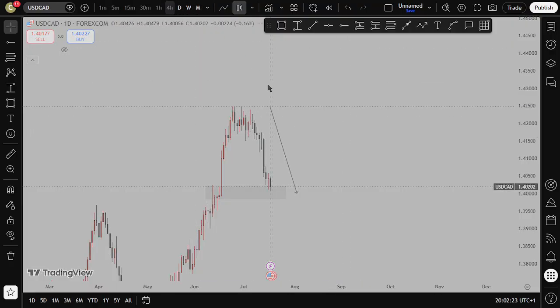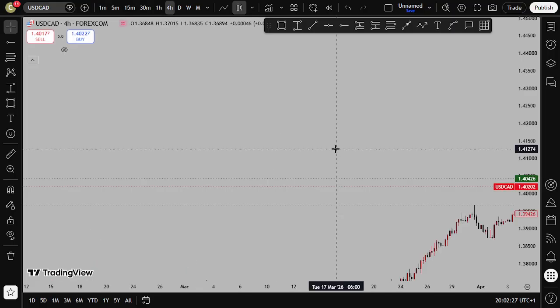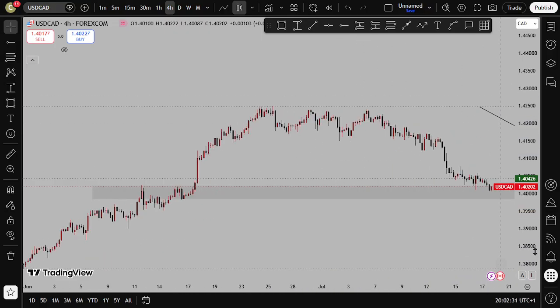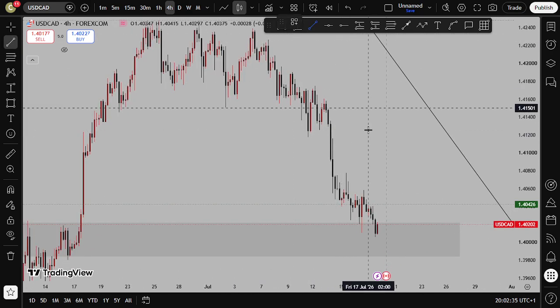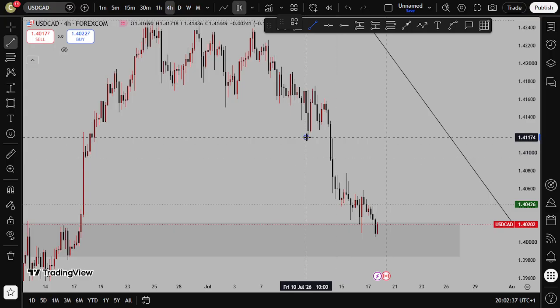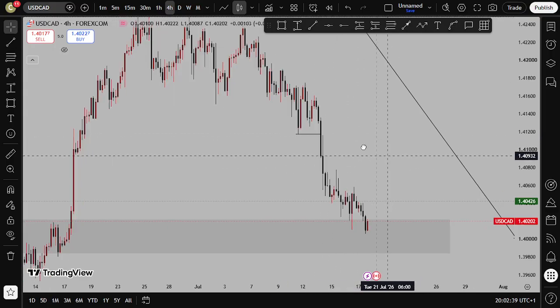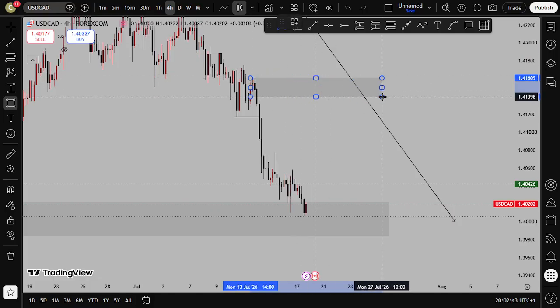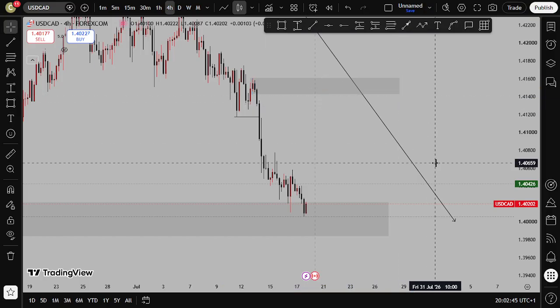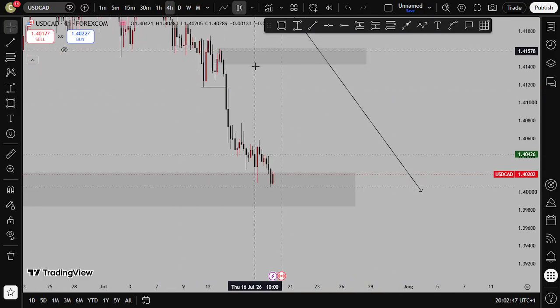Going to the 4 hour to check out the structure. So our last break of structure happened around here. So here's the supply if I want to wait for USDCAD.